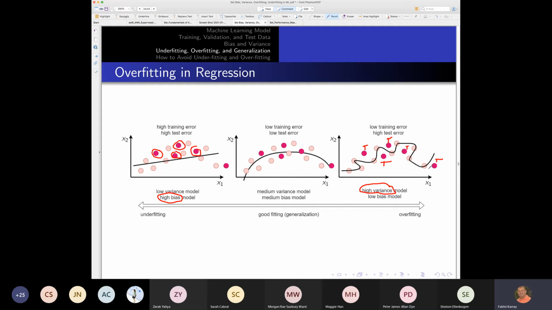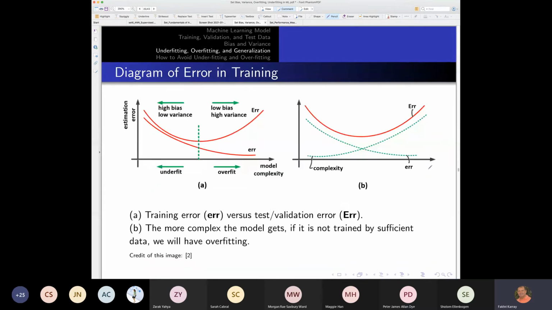First of all, a small amount of data used for training. Secondly, a complex model chosen for your machine learning task. And we need to compromise between high variance and high bias to have a system that is good for training and good for testing. So this figure is very key, and we need to understand it very well.